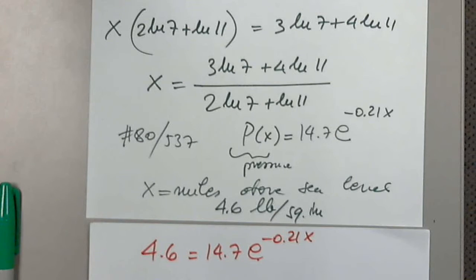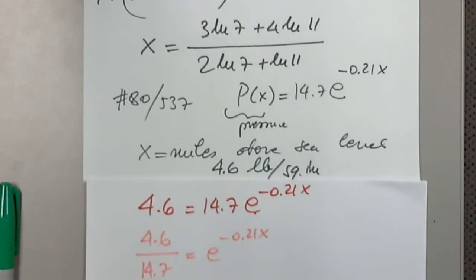What type of equation is this? Is it cleaned up? No. It needs one step. What is the step that it needs? Exactly. 4.6 divided by 14.7 equals e to negative 0.21x.